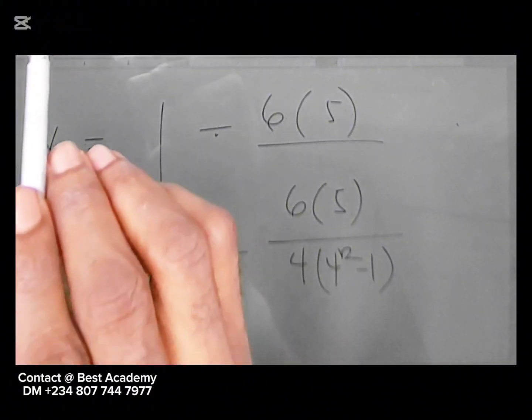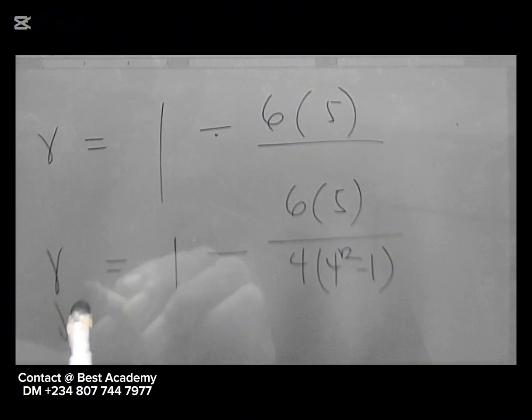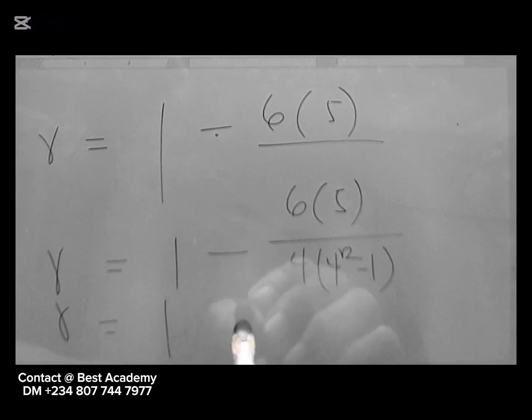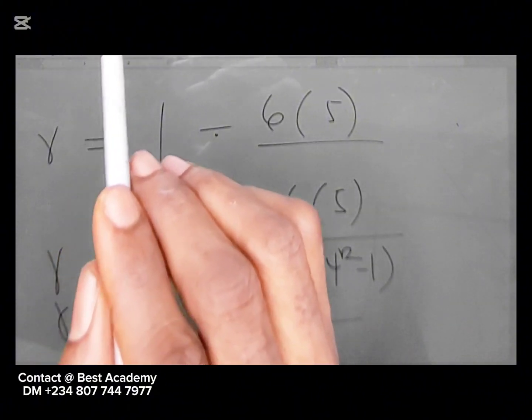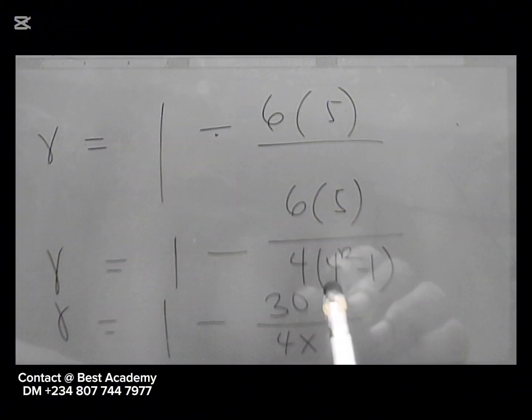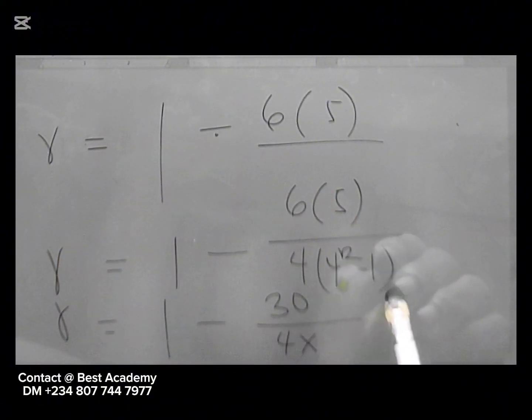So lastly, I'm going to have R equal to 1 minus 30 over, let's simplify what is inside first. Now class, this is what you should understand here. 4 squared will give us 16. 16 minus 1 will give us 15.